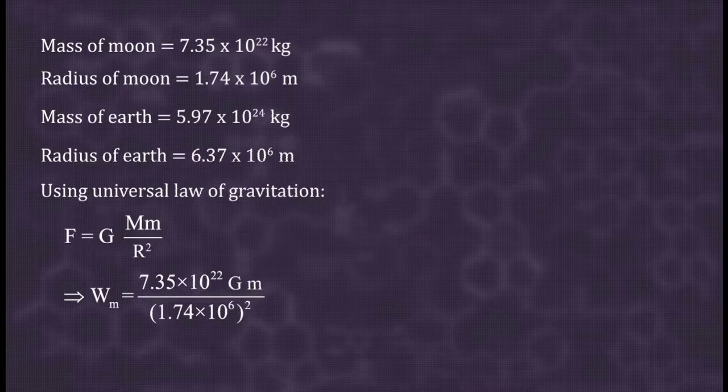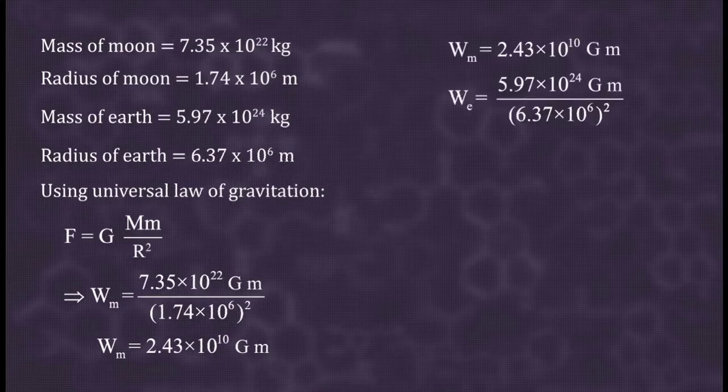By substituting the values and solving, we get the weight of the object on the Moon as 2.43 × 10^10 × g × m. Similarly, we get the weight of the object on Earth as 1.47 × 10^11 × g × m.